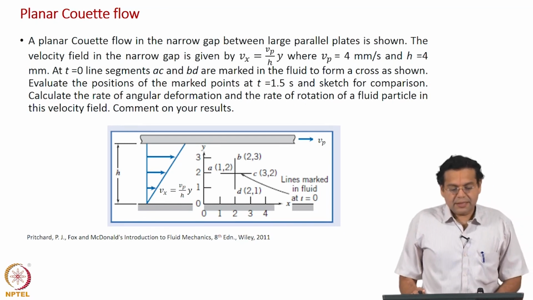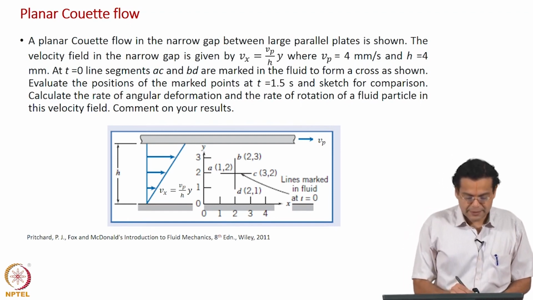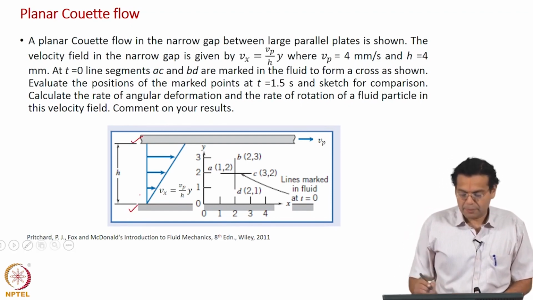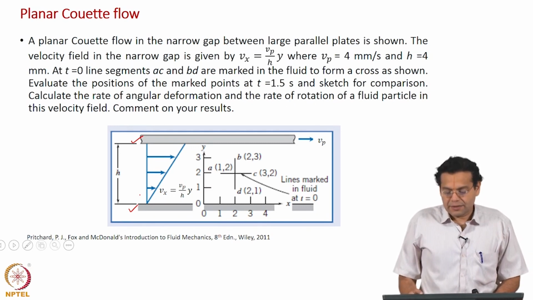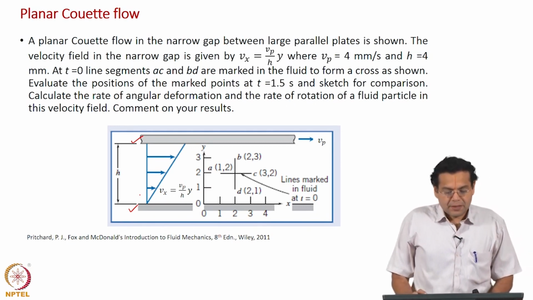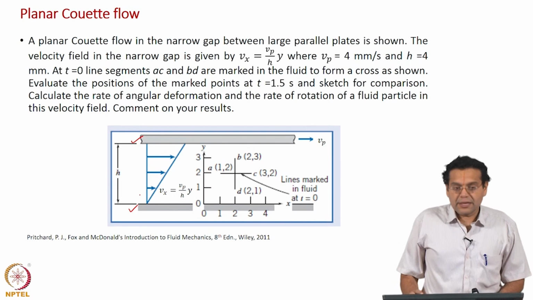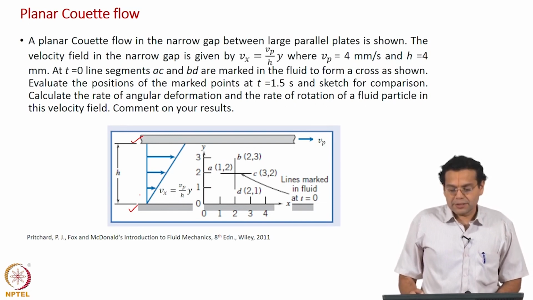Let us take this example on planar Couette flow, which is well known to us. We have two plates and the top plate is moving at a velocity of Vp. So, planar Couette flow in the narrow gap between large parallel plates is shown.